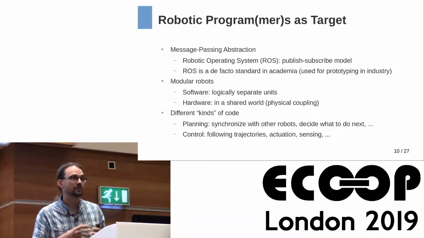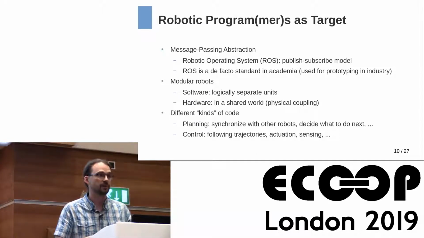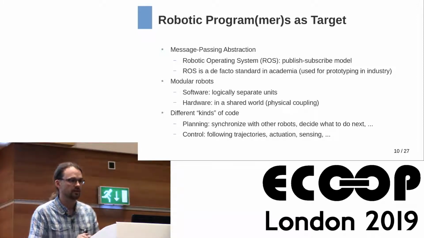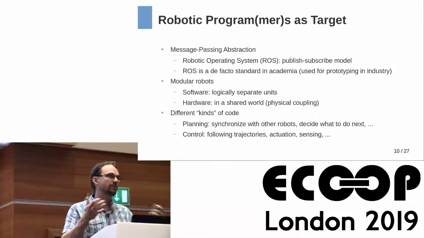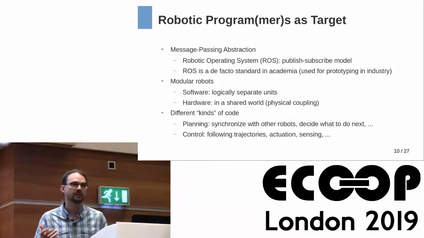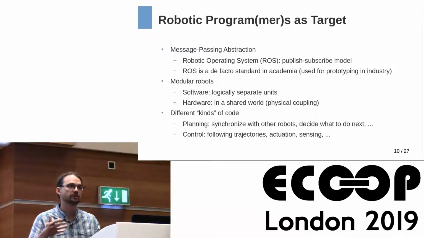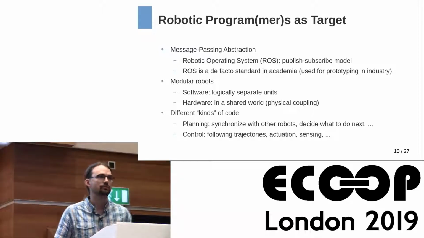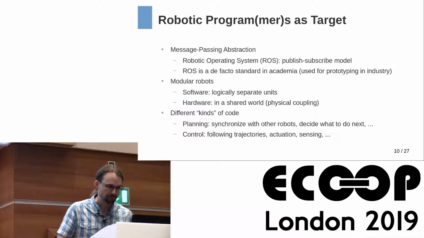At the core of ROS is actually a publish-subscribe system, so message passing is ubiquitous in robotic systems. At least within academia, ROS is a de facto standard that many people use because it makes it so much simpler to build and program robots. It's even used for prototyping within industry.